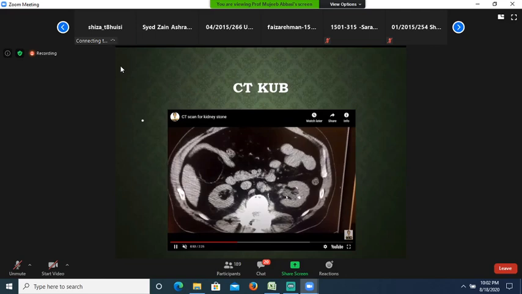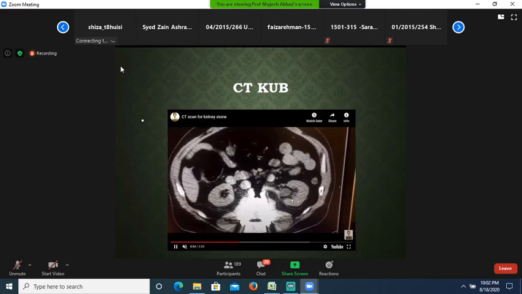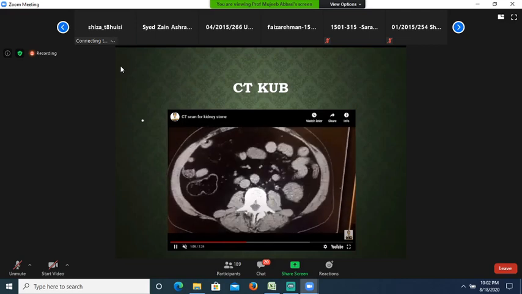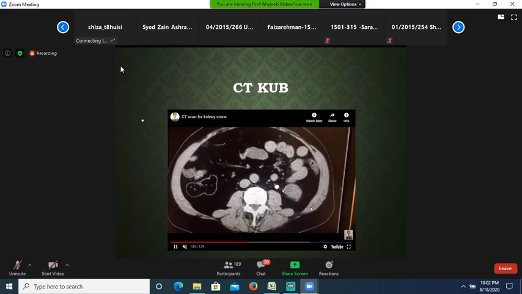Now the parenchyma is there, the kidney itself is there. If we go down further, we'll be able to see what is the reason. Can you see this one? That is the reason. That's a stone in the ureter. That's the ureter, you can see.